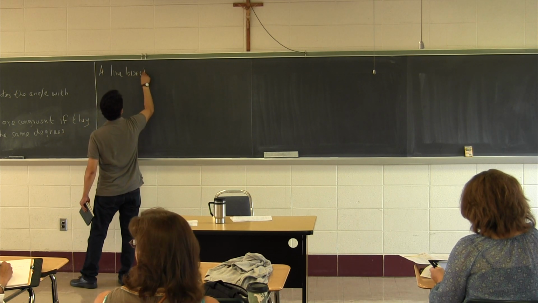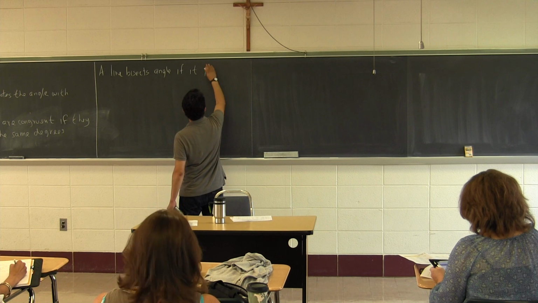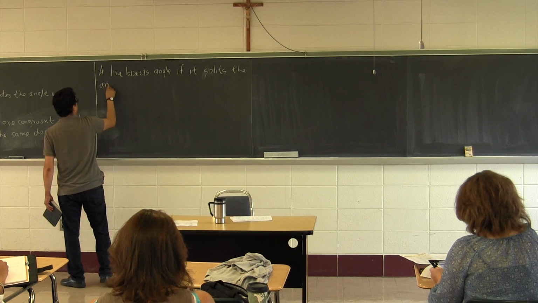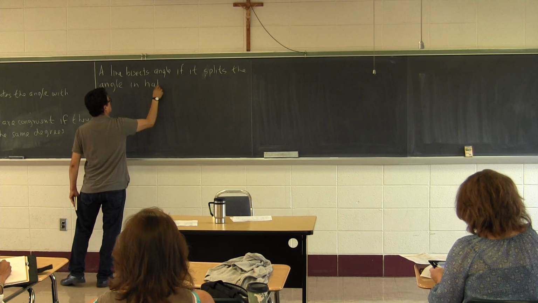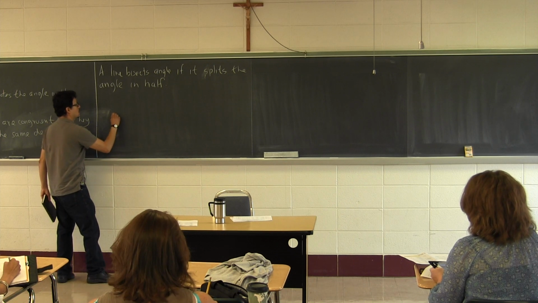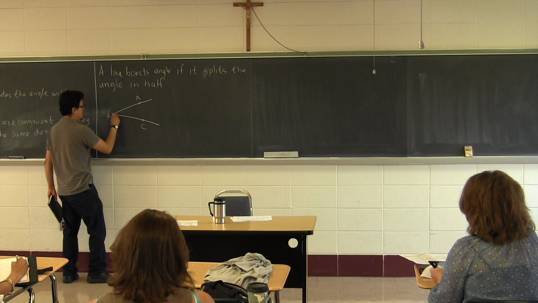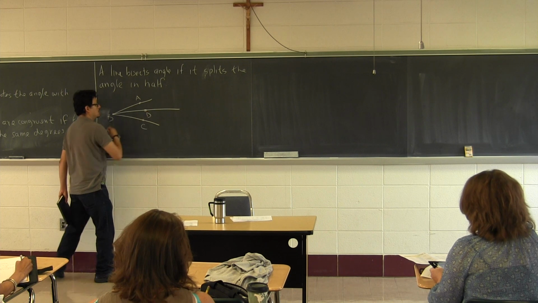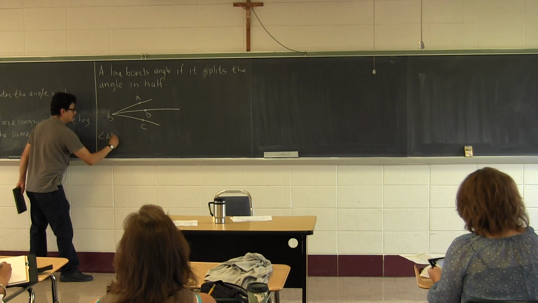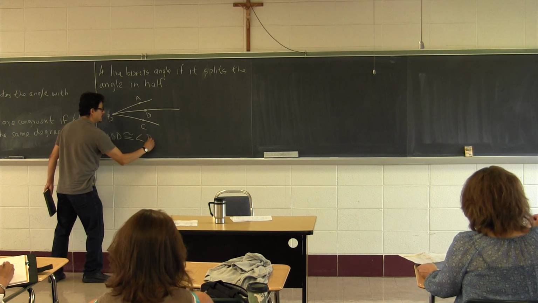And this notation illustrates that a line bisects an angle. So using this notation, the line bisects the angle, in this notation means that this angle BD is congruent with this angle.